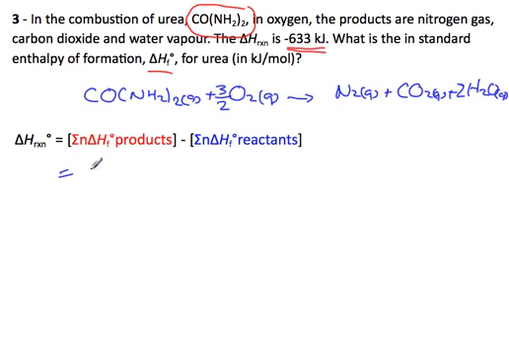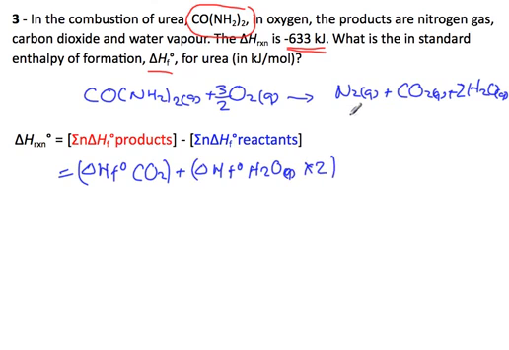So delta HF of our products, delta HF naught of CO2 plus delta HF naught of H2O gas times 2, because there's 2 moles of it. And I can leave the nitrogen off. The delta HF of elemental nitrogen is 0, so I'm finished with that.